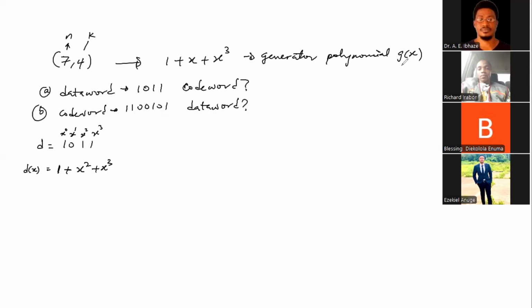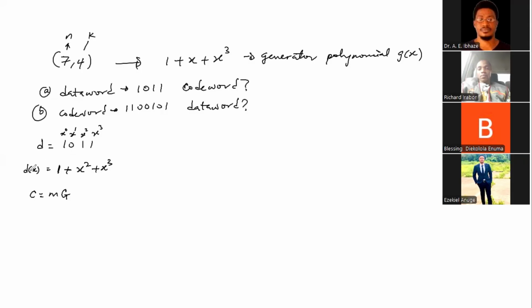Okay, now with this, we can generate our generator matrix. Now that we have this, we already know that the code word C is the same as the message bit times the generator matrix.